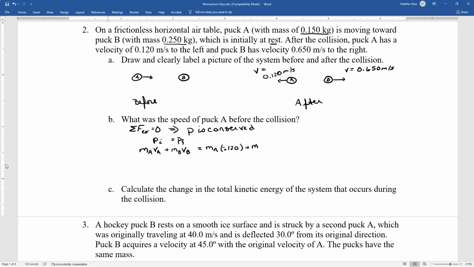Plus mass of B times 0.650, and this is positive because it is to the right. So mass of A is 0.150, and we're going to be multiplying that by negative 0.120.